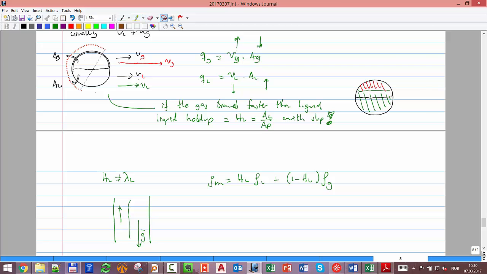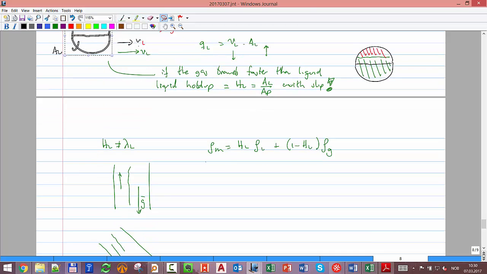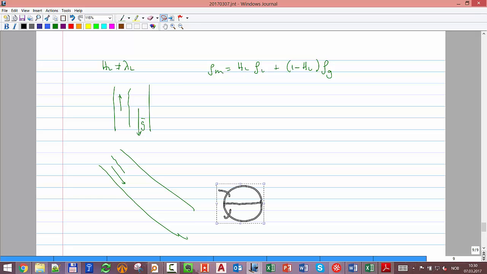If we take our no-slip condition, let's put some comments here.